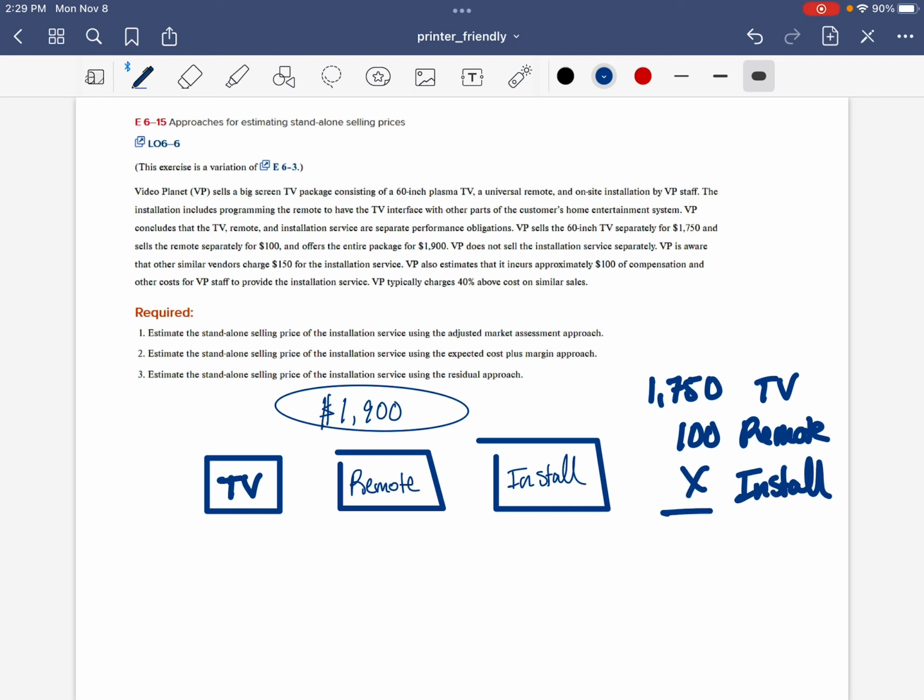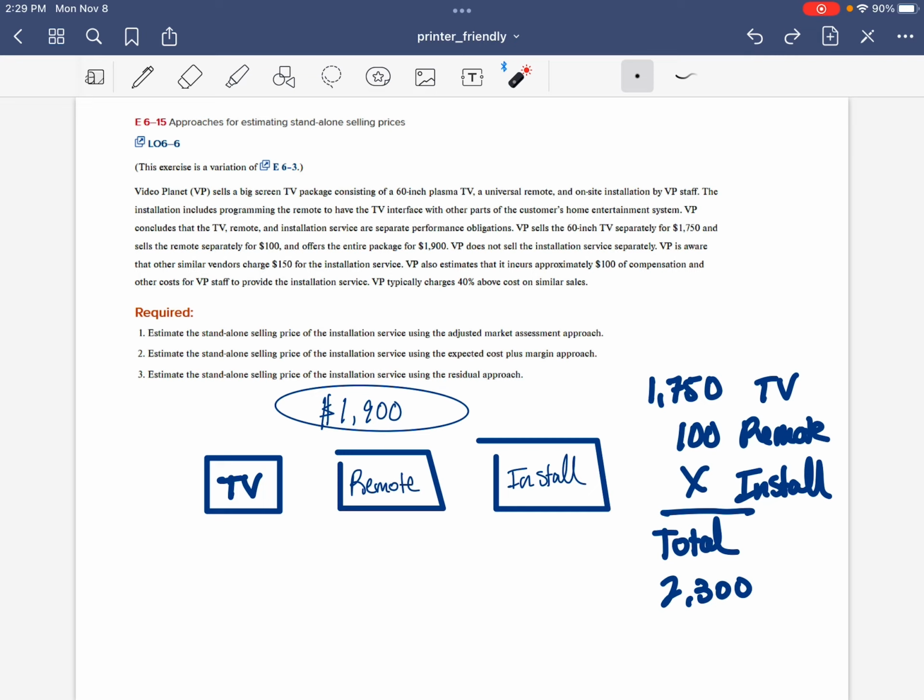In total, they would pay this total. But they're not buying these separately. Because they're buying a bundle, they get a discount. So this total might be something like $2,300, and by bundling these 3 components together, the customer gets a discount.